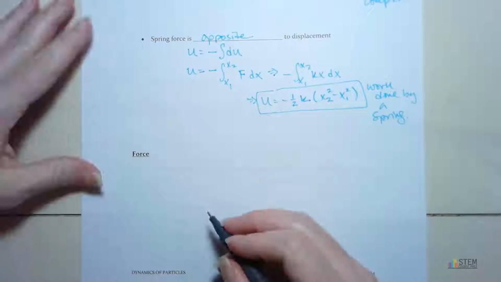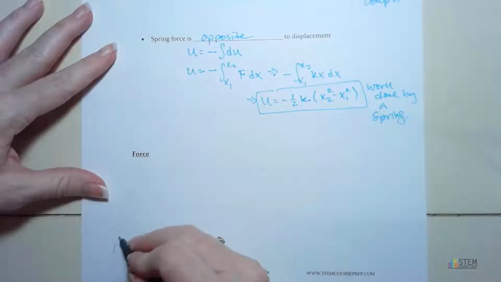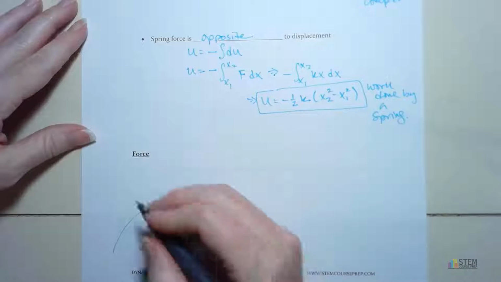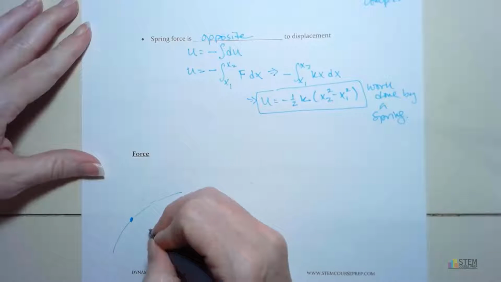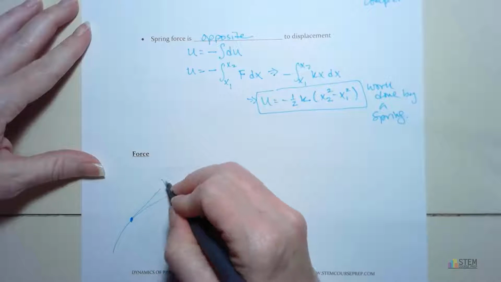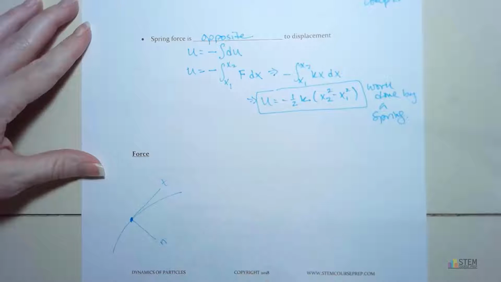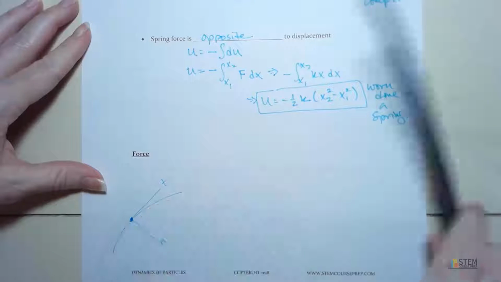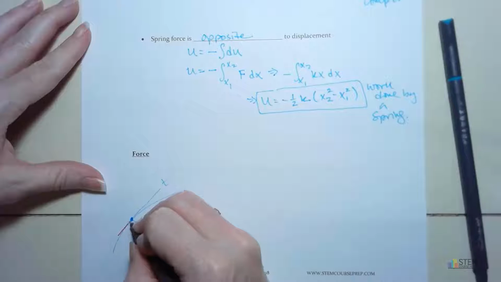equation for force. All right, so if we've got a curved path again, let's look at a point. We've got t-axis, we've got n, and let's say we've got a force.